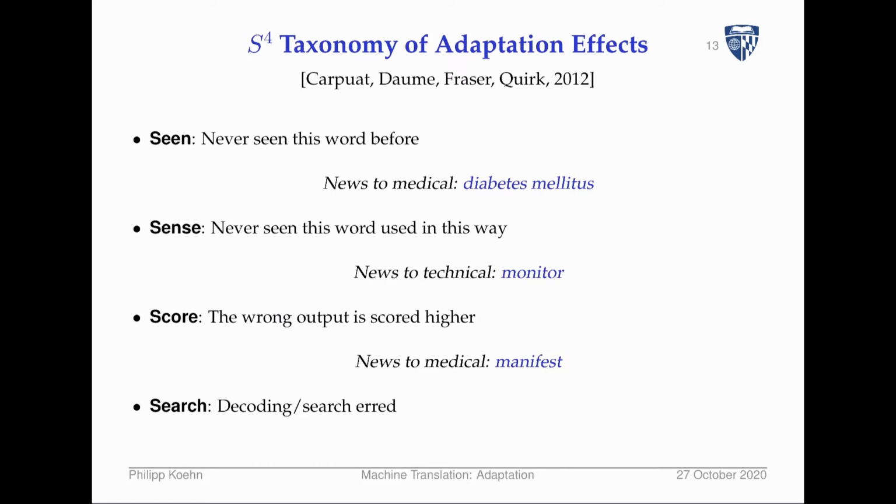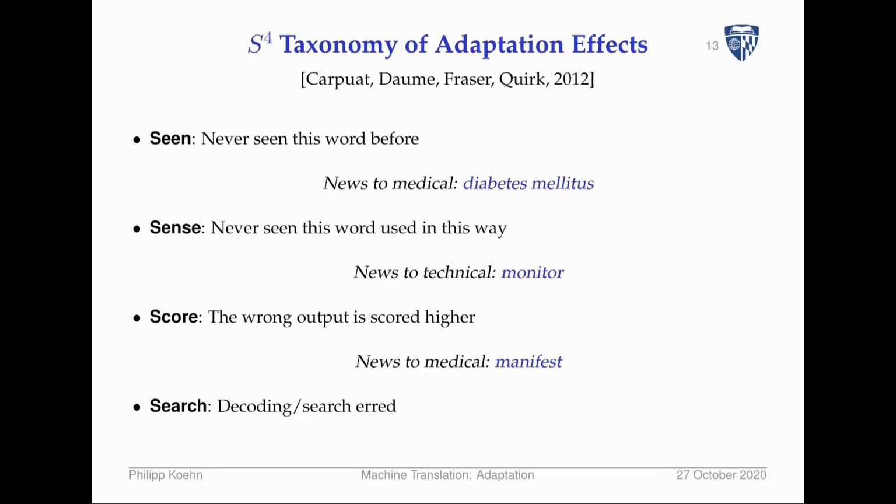There was a study almost a decade ago by a workshop that actually happened here at Johns Hopkins University, where a deep dive into domain adaptation was taken in the context of machine translation. They came up with a taxonomy of adaptation effects, and they all started with S, so it's the S4 taxonomy.